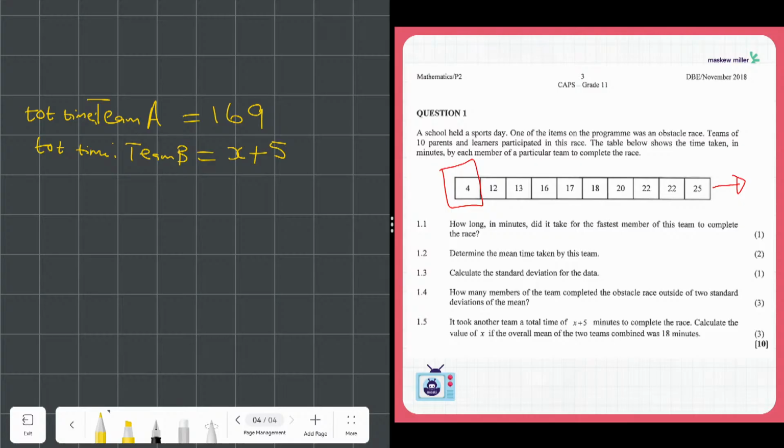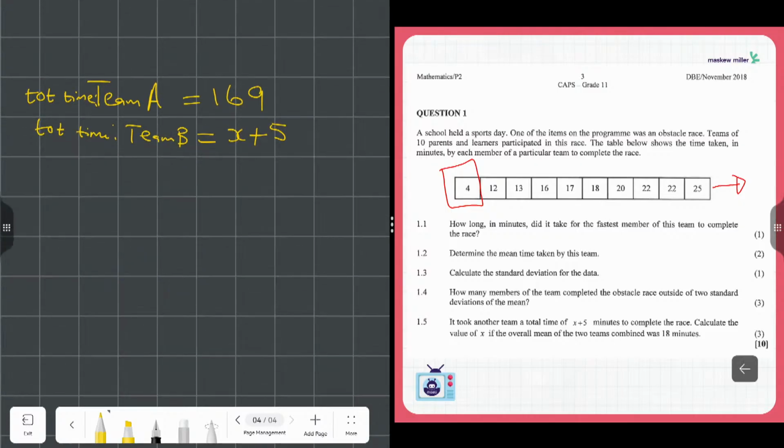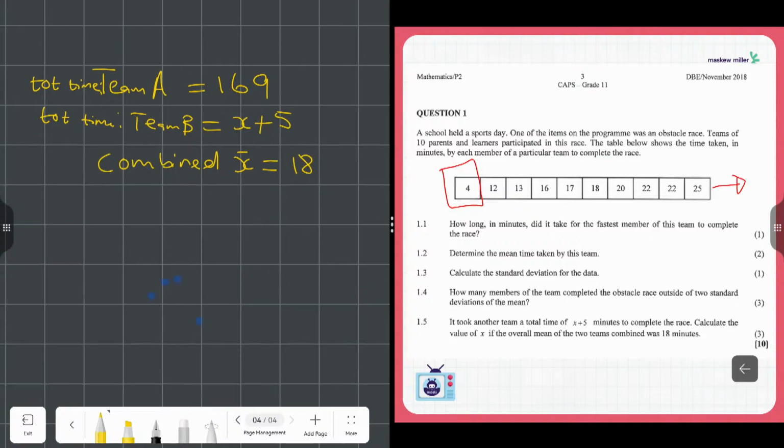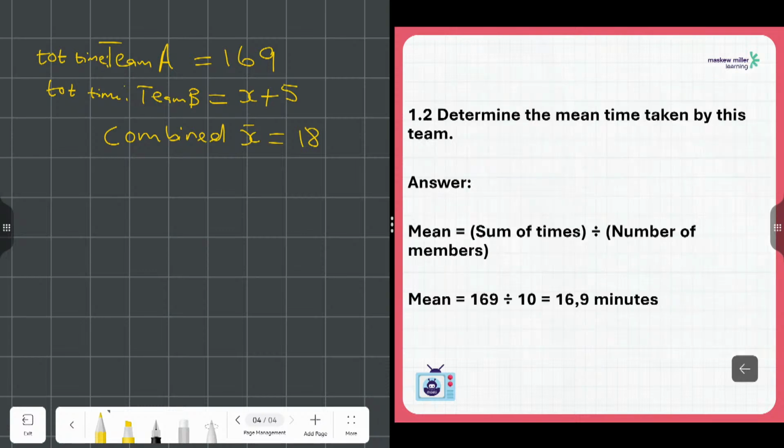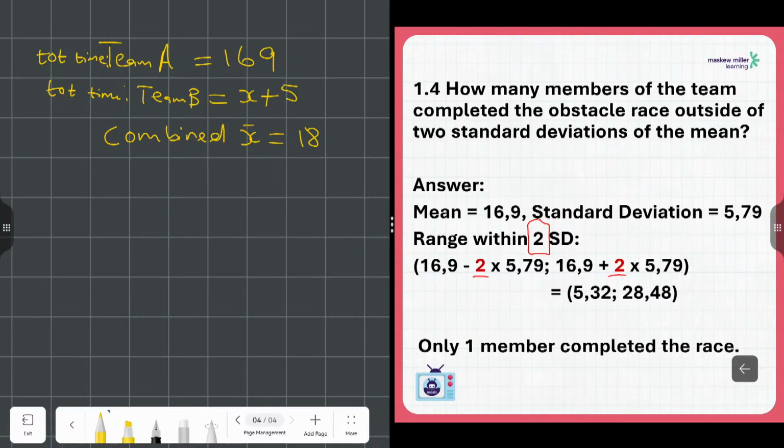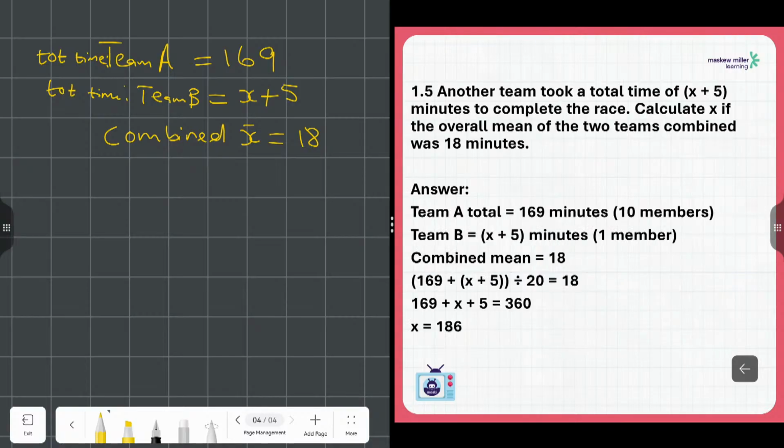So now we have the total time, but this is not the mean, right? So their combined mean, when you have the mean of the two of them, is 18. So we can just say combined mean equals 18, right? Then from there, you can calculate your mean. So now you have all the information that you need. Then we can calculate that.